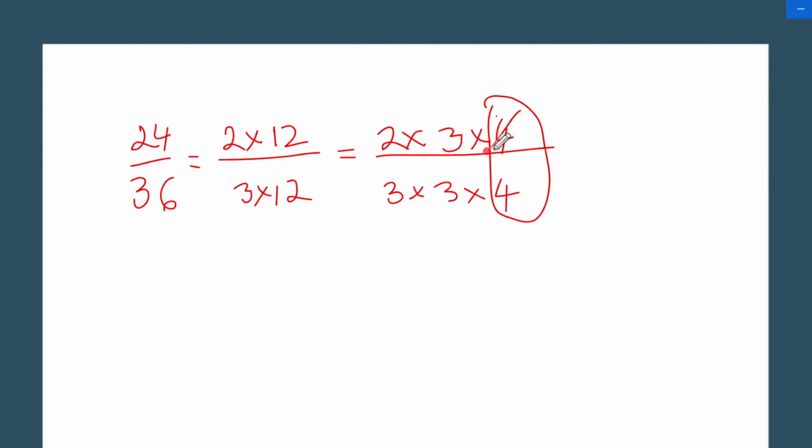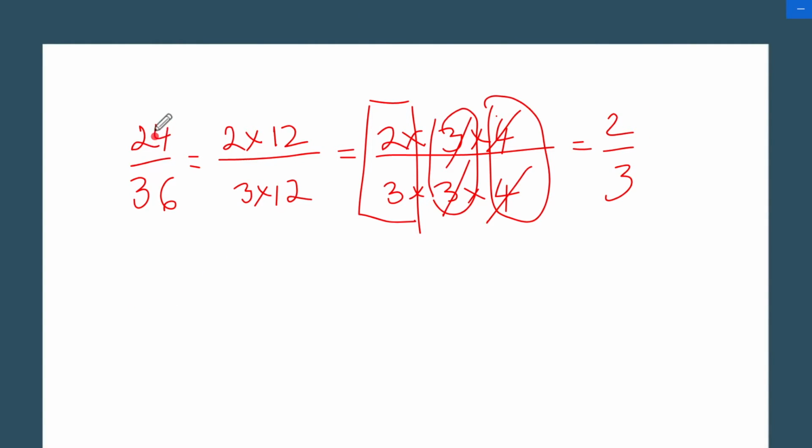And I can cross them out because when you divide a number by itself, you get a 1. And that doesn't have any effect on the other ones, because anything you times by 1 makes no changes. Then you have a 3 divided by a 3. And then you're basically left with this. So this is your fraction, 2 over 3.